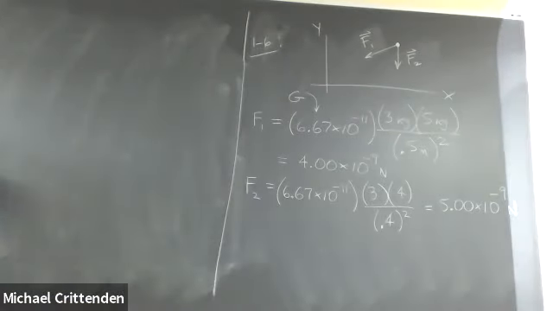So, the first one, 4 times 10 to the negative 9. That's the one that points in that direction. It's given in the question that this is 23.58 degrees.